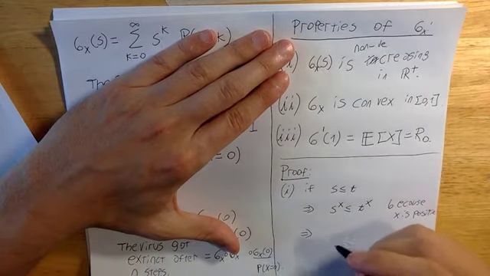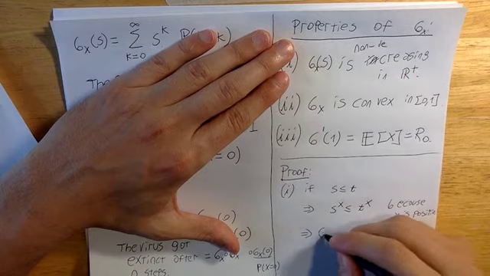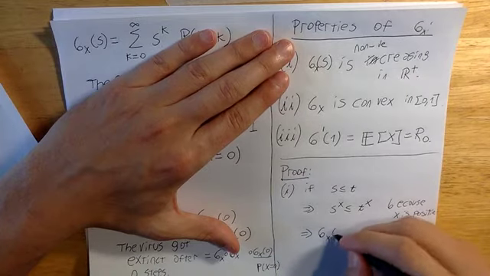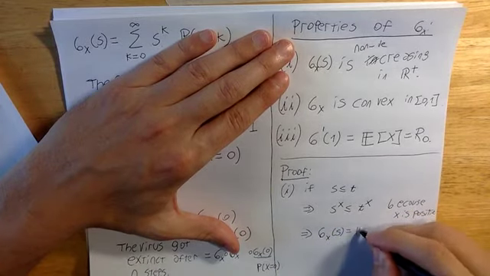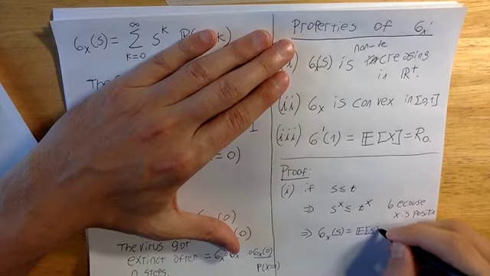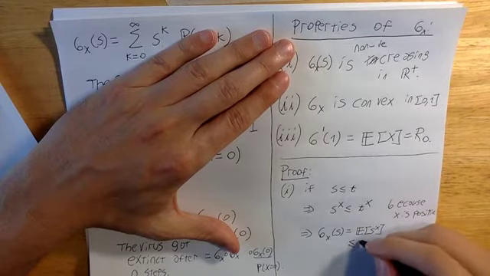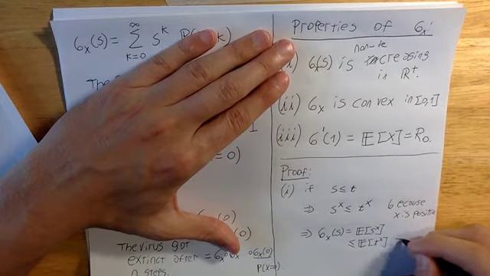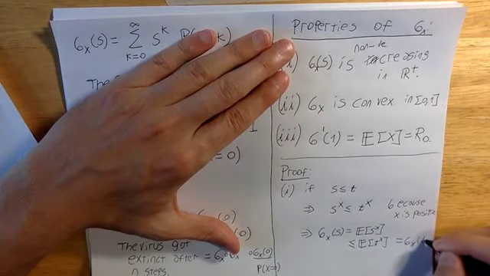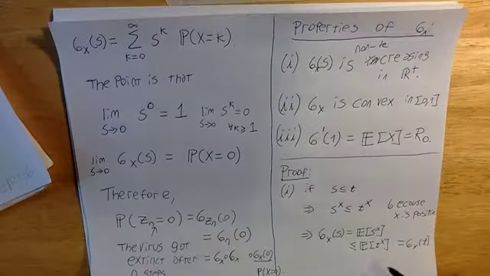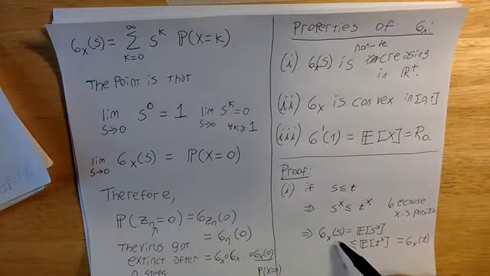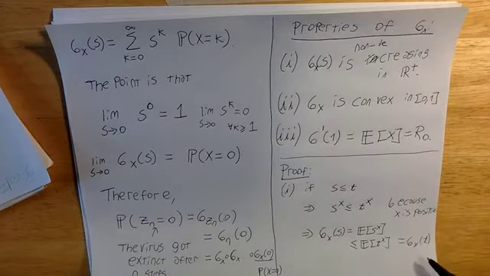Then the generating function of x at s, which is equal to the expectation of s to the x, is less or equal than the expectation of t to the x, which is equal to gx of t. So if s is less or equal than t, then the generating function at s is less or equal than the generating function at t.